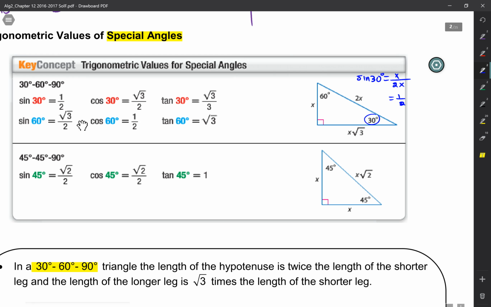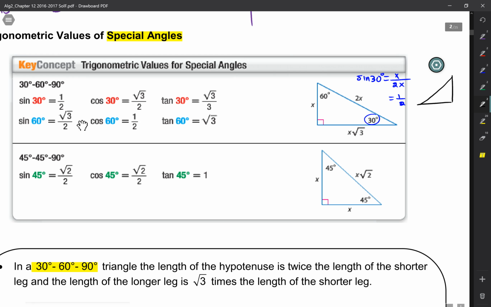Okay, so that's fine. Let me just take another random triangle here. Suppose this is 30 degrees, 60, and 90, and this side is 5. How much would this bottom side be? 5 √3 and 10. Okay, now let's find the sine of 30 in this triangle.